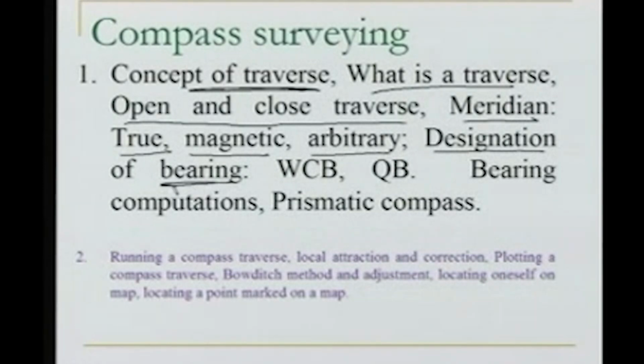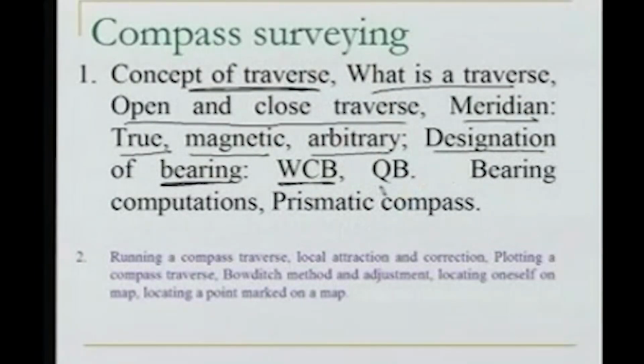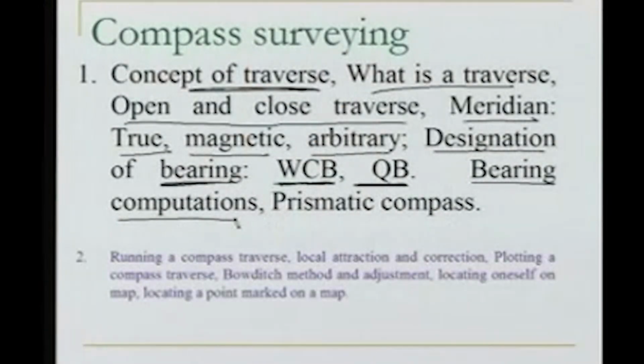Right now the word bearing may not be very clear to you, but once we discuss it, it will become clear to you. What is the meaning of bearing? What are the systems in which we record it? The WCB and the QB. And then finally, some computations for the bearing. And we will look into one compass instrument, which is the prismatic compass, which is the most used instrument. We will also try to see some other instrument, which is the surveyor's compass. So this is what we are going to talk about today.